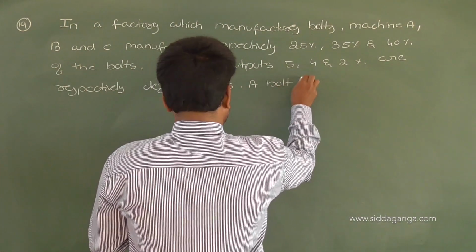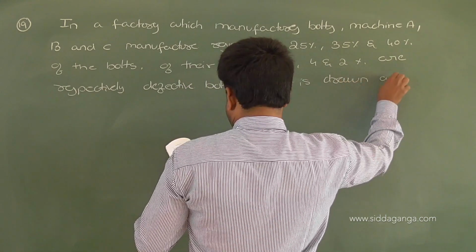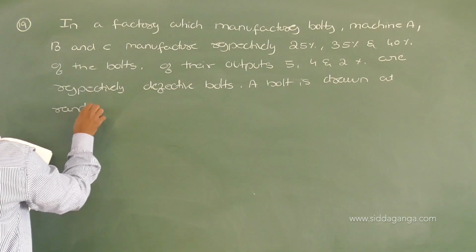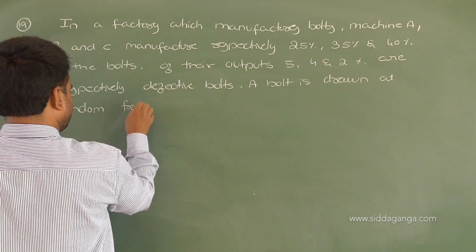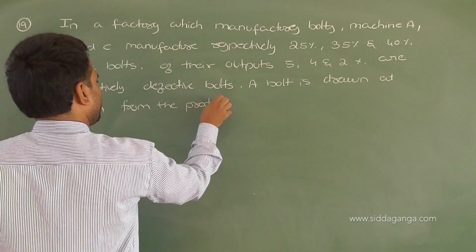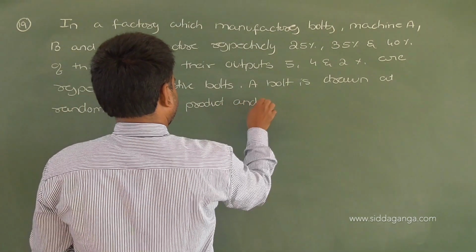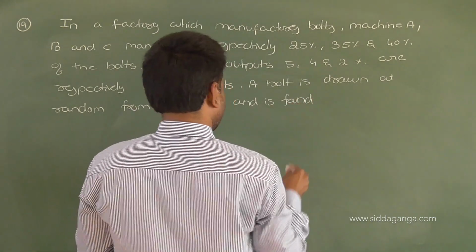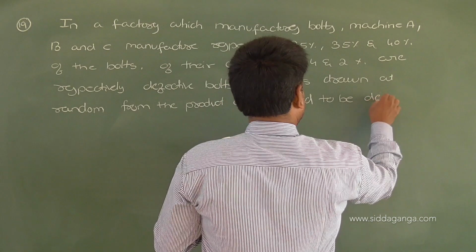A bolt is drawn at random from the product and is found to be defective.